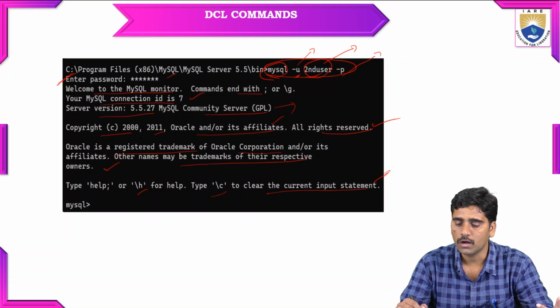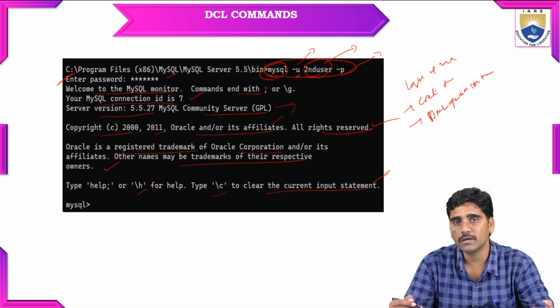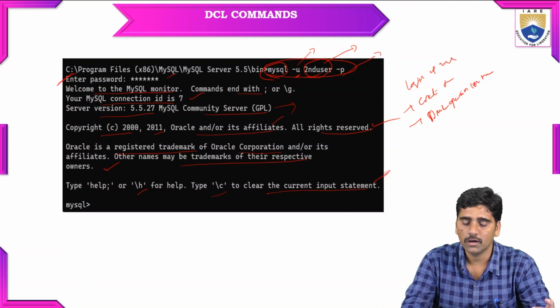Now after logging in as a user, you can create tables and perform the DML operations on the table. Whatever the normal administrator can do with all the DDL and DML commands, the same way the user can run these DDL and DML commands.